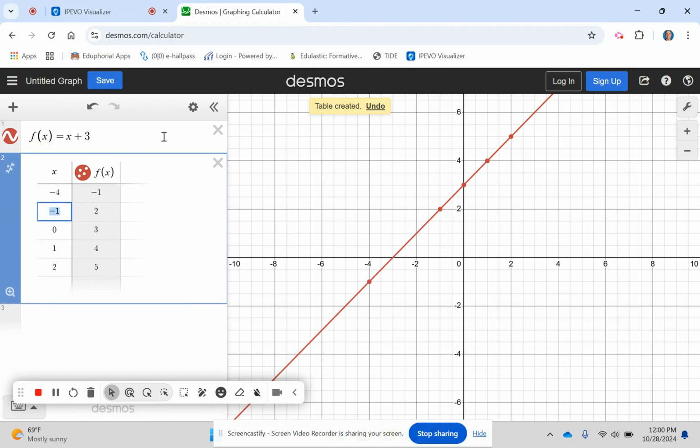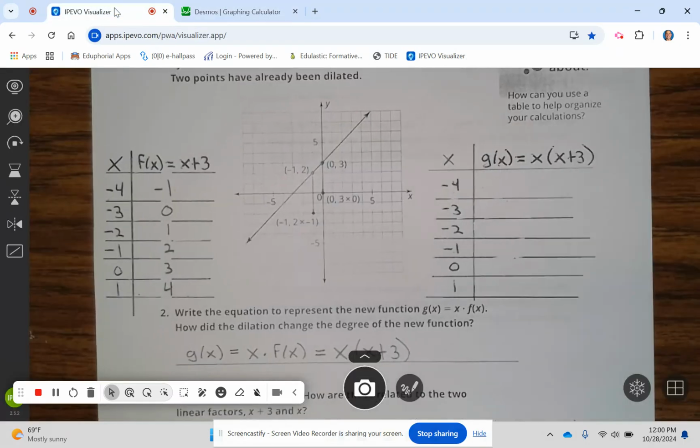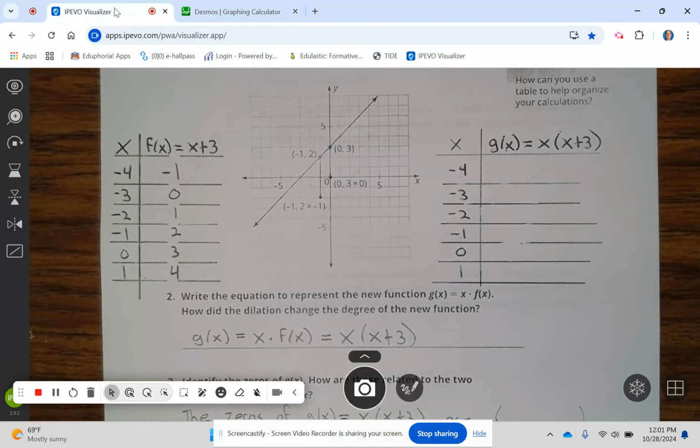So -4, -3, -2, -1, 0, and 1. All right, let's go ahead and complete that table. All right, let's go ahead and graph those points on the graph.